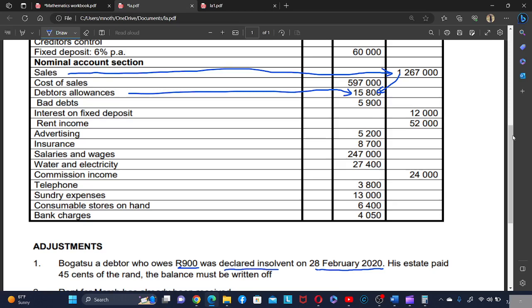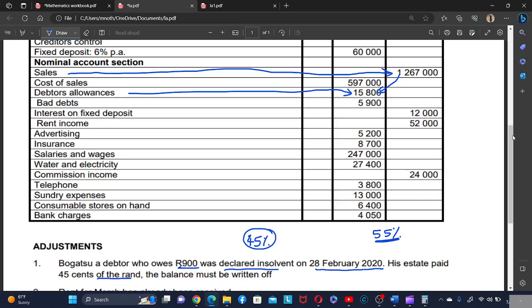So his estate paid 45 cents in the rand, meaning that his estate paid 45% of what he was owing. So if his estate paid 45%, it means that the remaining one is 55%, right? And then they are saying that the balance must be written off.